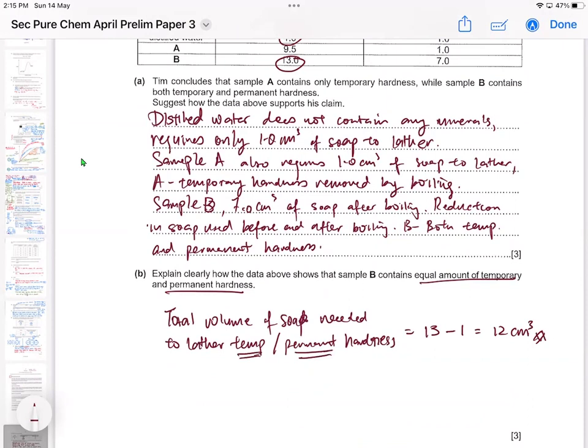If they are both present, the total amount of soap required will be this amount. Okay, so after the boiling process, we say that the temporary hardness is removed.